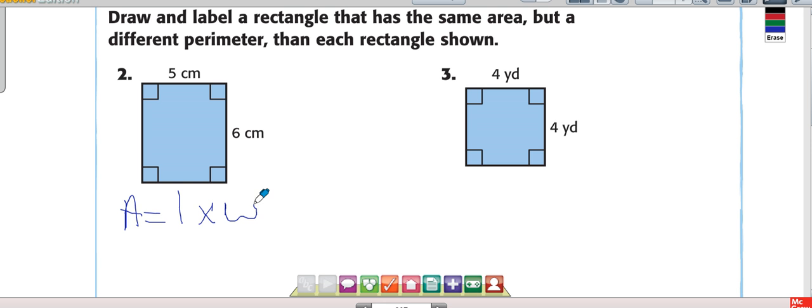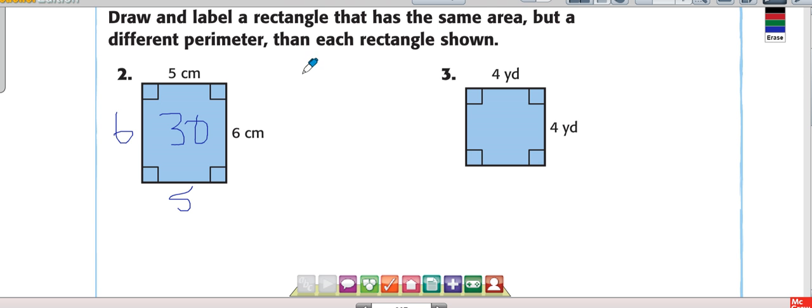So 5 times 6, or 6 times 5, which is 30. Okay? And then the perimeter is basically adding all the sides. So the area is going to be 30. If I have 5 at the top, I'm going to have 5 at the bottom. And then 6 on the left, I'm going to have 6 on the right. And I add all those.